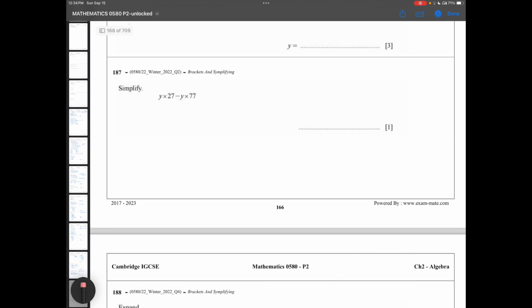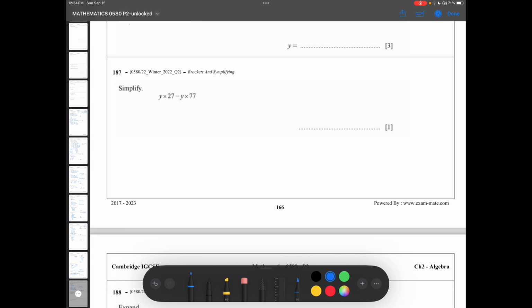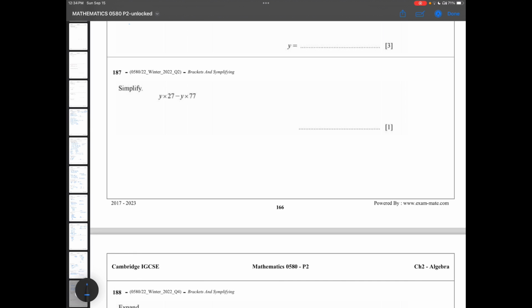Question number 187, y multiplied by 27 minus y multiplied by 77. Y multiplied by 27 is 27y, y into 77 is 77y.